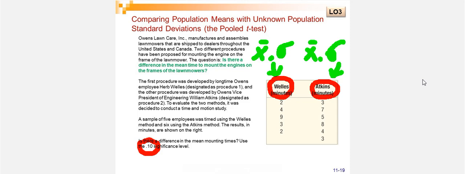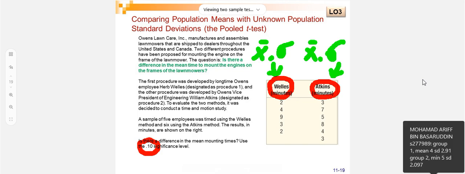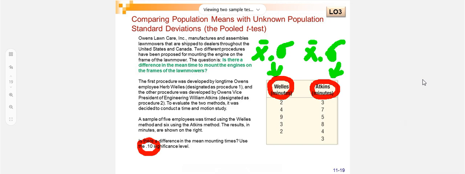Nurul Huda pun dah dapat group number 2. Rebeatul pun dah dapat group number 2. Chong Hon Lian dapat? Muhammad Arif dah dapat group 1 and group number 2.